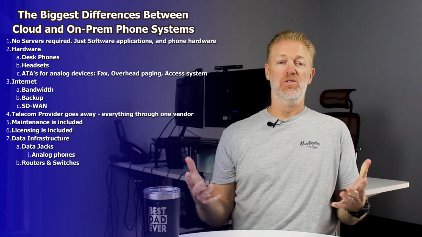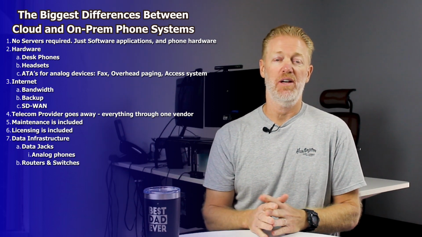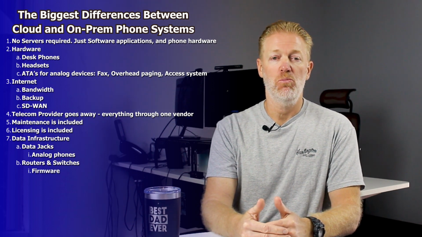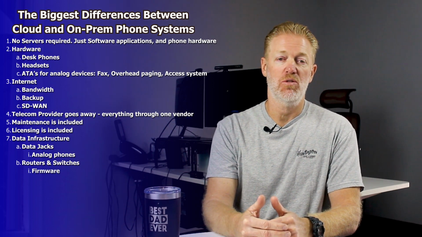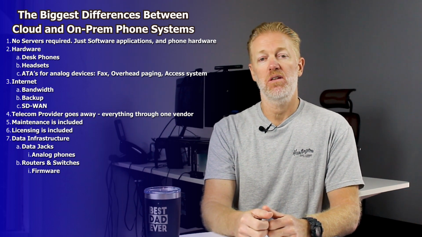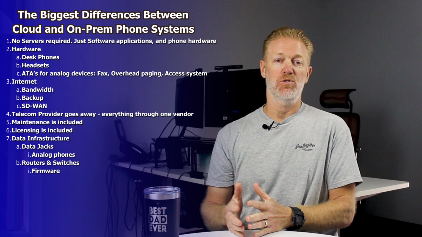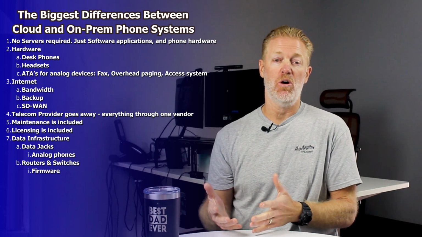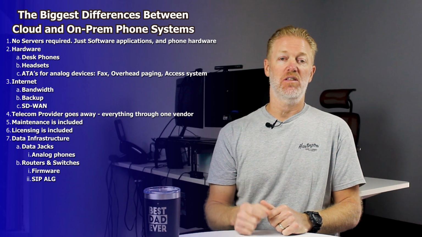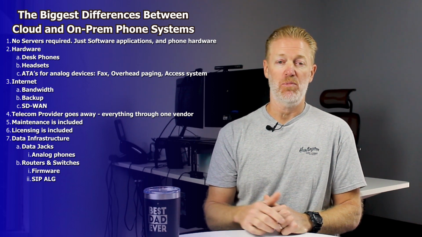Okay, let's talk routers and switches on your local area network. Something that you always want to make sure is that all of the firmware on all of your switches and routers is the latest firmware available. That's sometimes going to cause you problems with cloud phone system voice quality if that's not the case. Also, make sure that SIP ALG is disabled on all of your routers or cable modems.